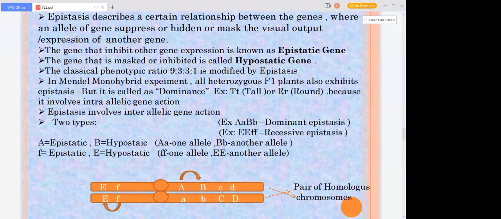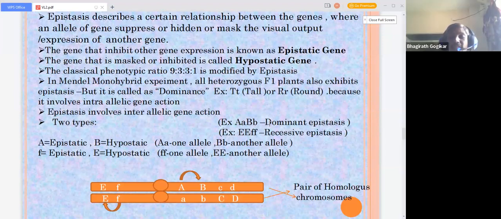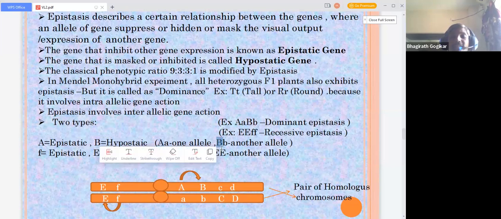Slide. Epistasis involves interallelic gene action, of two types. This example is dominant epistasis. This other example is recessive epistasis. In dominant epistasis, this gene is dominant, AA, which masks the character of this gene, capital B. B is hypostatic, A is epistatic.